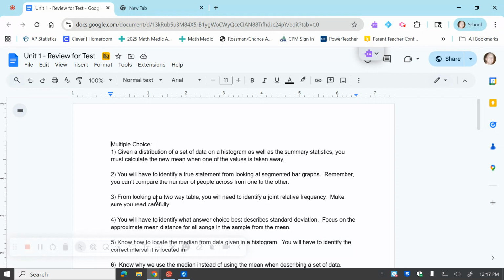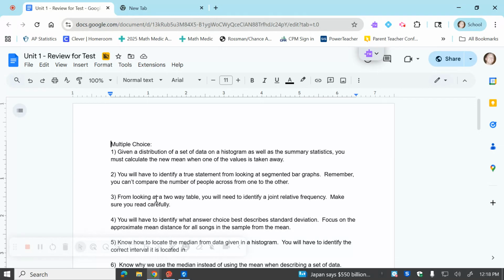They want to get rid of the maximum value because it's an outlier. Okay? And there's 20 data points in this data set. So if we get rid of one, obviously now it's going to be only 19. You have to calculate the new mean after you've eliminated one of the values, and in this case, the outlier.